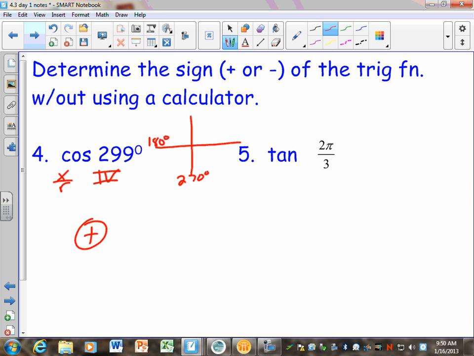2 pi thirds, you definitely could convert that to degrees. But think about what we talked about, or just think about 2/3 of pi, where that would be. If this is pi, 2/3 of pi would be like over in here, right? I think so. And so again, start thinking about these as fractions, and think about how much of the circle that would be if the whole thing is 2 pi.